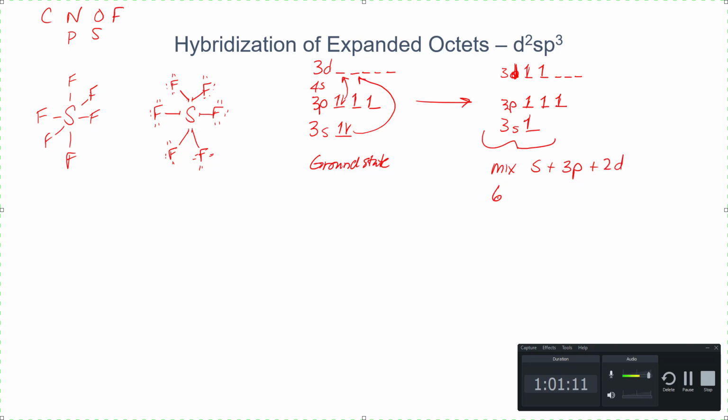I'm going to get 6 hybrid orbitals that will be called d2sp3 or sp3d2, either one. Critical part is I get 6 hybrid orbitals. What should the geometry around that sulfur be with 6 hybrid orbitals? Octahedral.